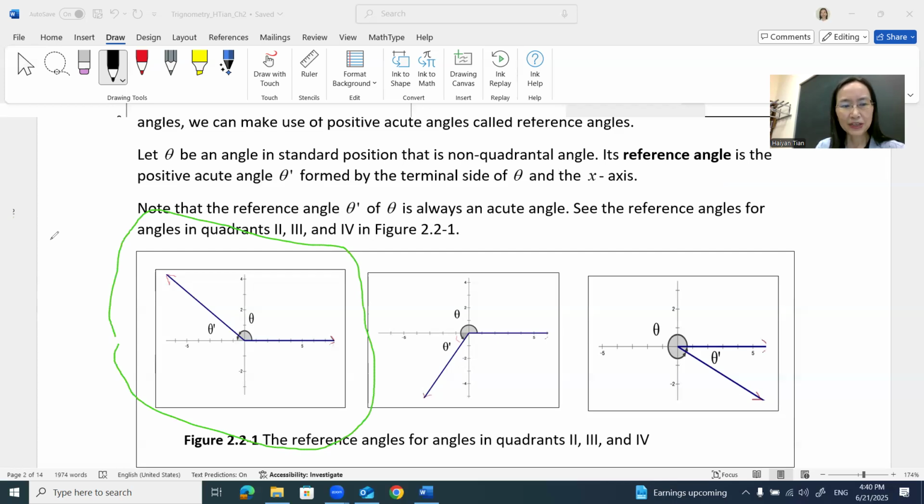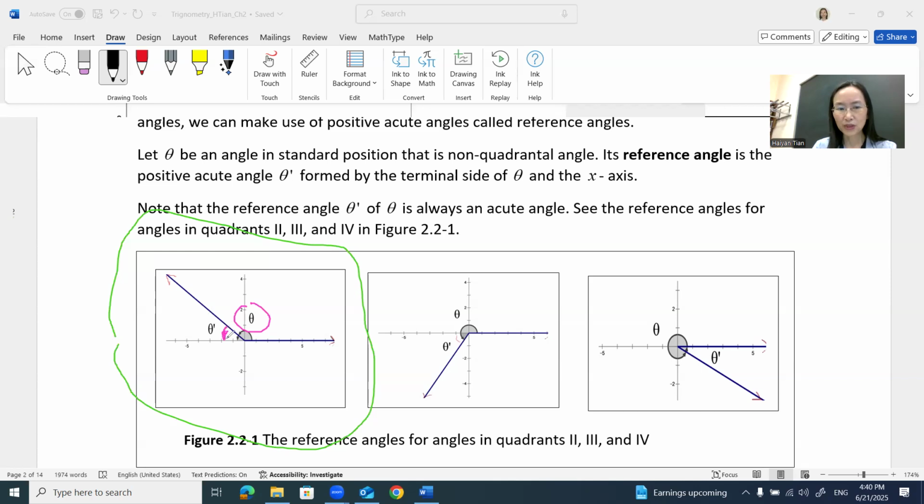So using the definition, this angle theta, in standard position, is in the second quadrant. Its reference angle is the angle formed by the terminal side and the x-axis.